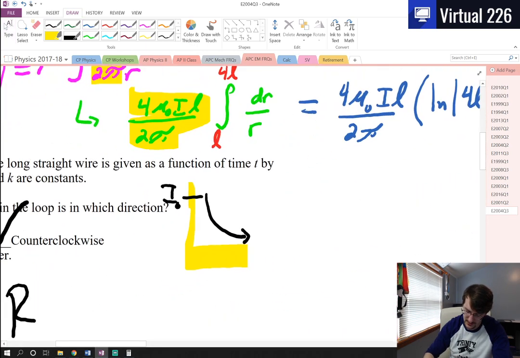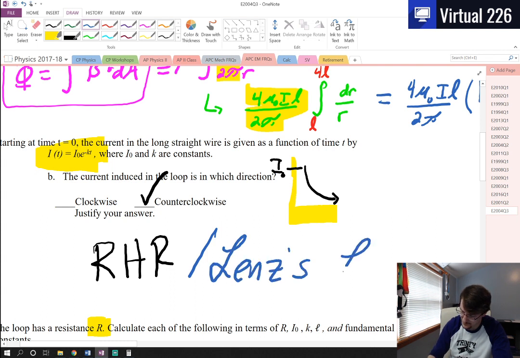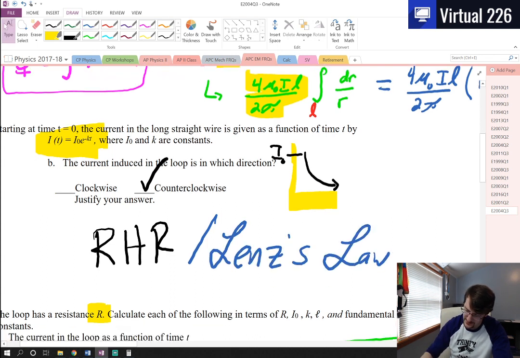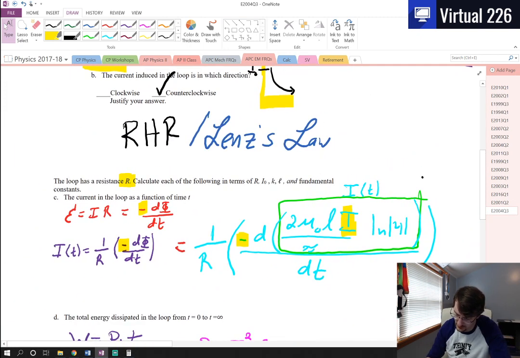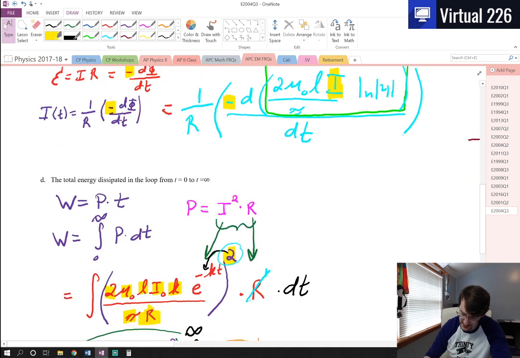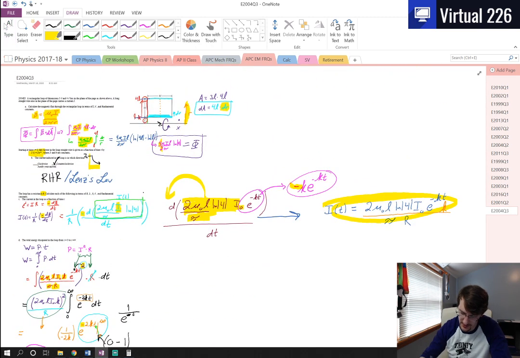In part B, it was just really a right-hand rule in explaining Lenz's law. And then in part C, we had a derivative, not too bad, a ton of constants to pull out. And then in part D, we had an integral of the power. But yeah, nothing too bad, just kind of an induction problem. We should feel pretty good about it, because this problem is finished.